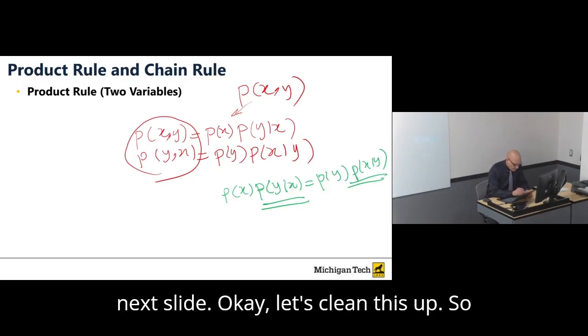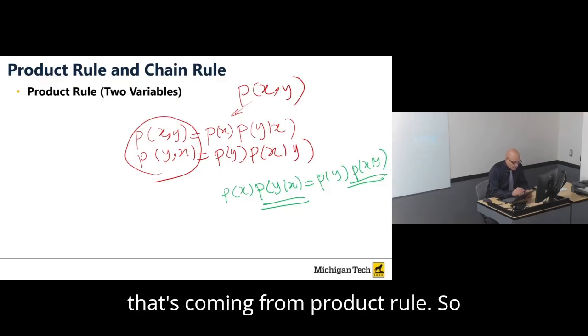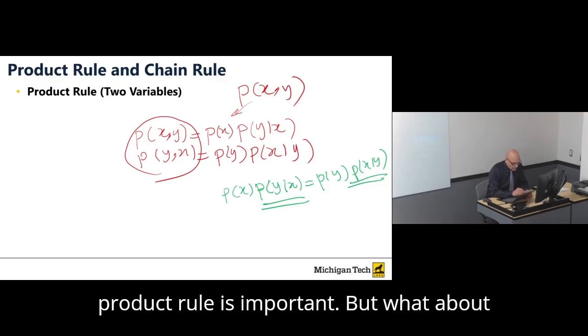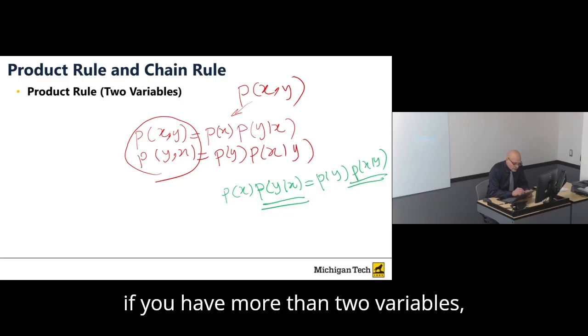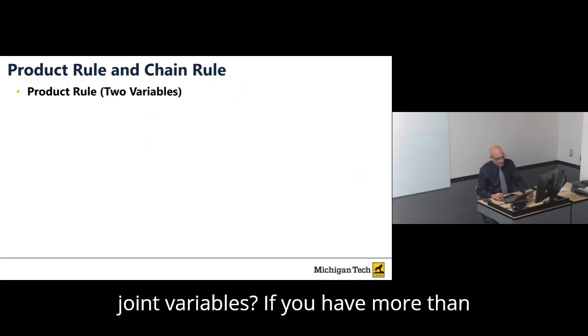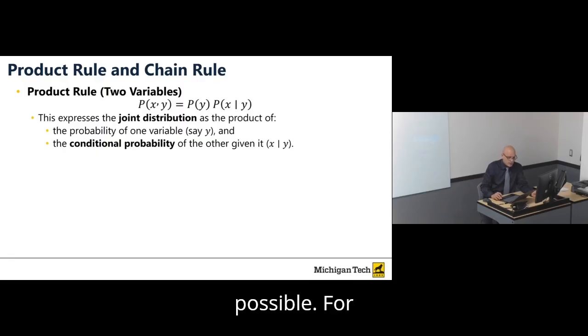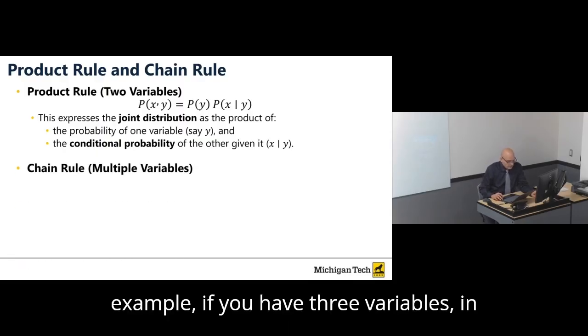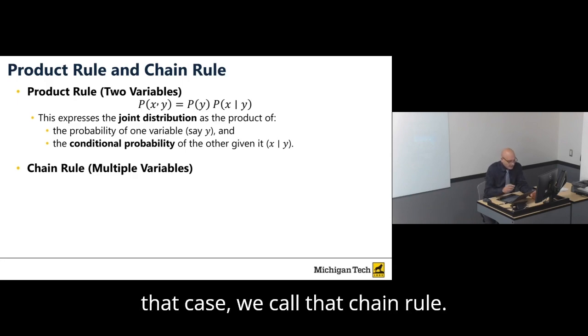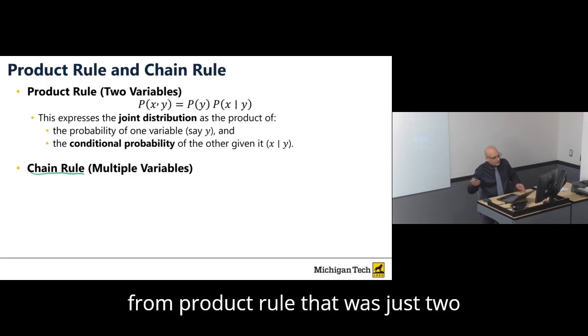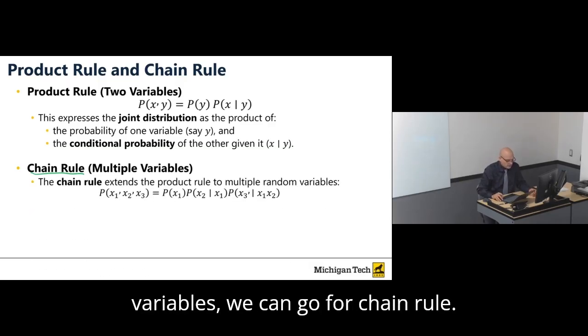Okay, let's clean this up. So that's coming from product rule. So product rule is important. But what about if you have more than two joint variables? If you have more than two joint variables, it is still possible. For example, if we have three variables, in that case, we call that chain rule. From product rule that was just two variables, we can go to chain rule.